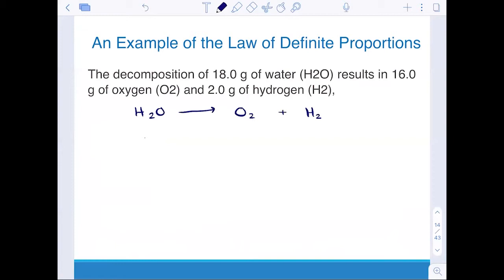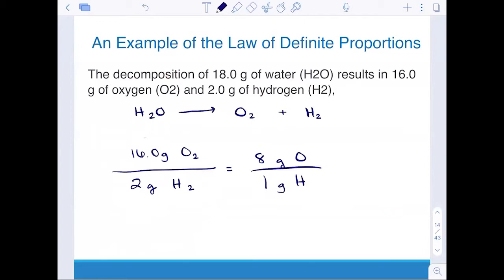But what this example for the law of definite proportions tells us is that if I had 16 grams of oxygen to 2 grams of hydrogen, that ratio of 8 grams of oxygen to 1 gram of hydrogen, I just reduced it there, will be consistent no matter the sample, right? So let's just pretend that I had 36 grams of water.